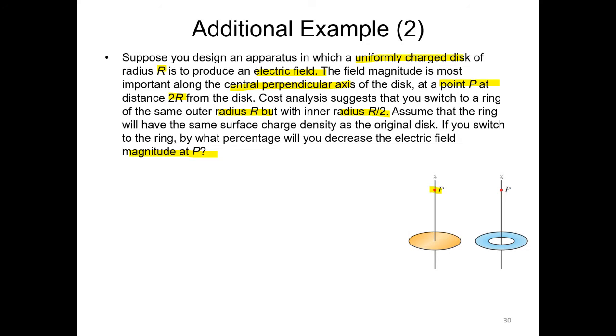Which means that you assume that you have some charge on the disk, and then you just remove the inner circle, and the charge at this inner circle you also remove. So the total charge on the disk will be different, but the density in both cases should be the same.